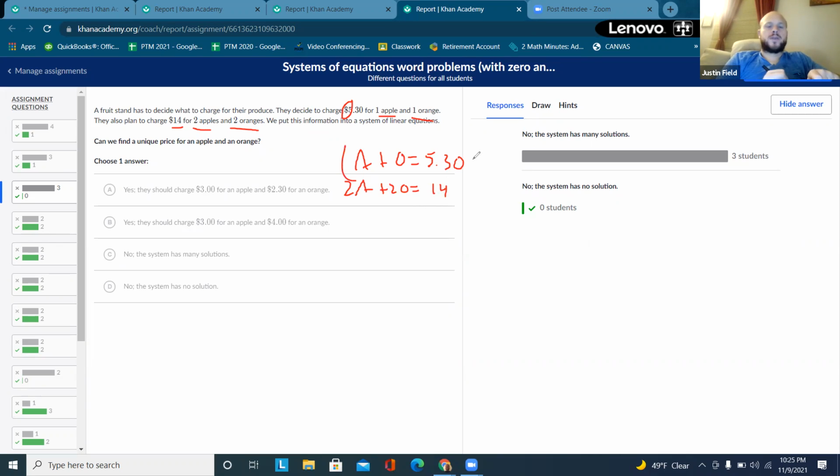And so if I multiply this by -2, then I get -2A, which is good, the A's will cancel, but then I also get -2O, which doesn't look like an O. But anyway, that makes those cancel. And then -2 times 5.3 is -10.60. So we get 0 on this side, and we get like, what is that, 14?